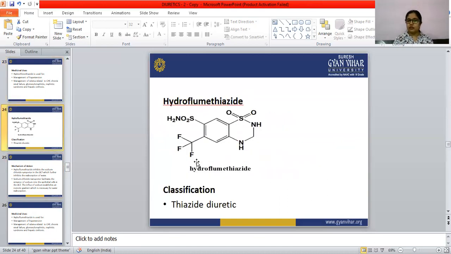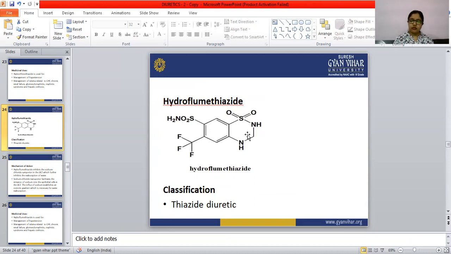Next drug is hydroflumethiazide. This is again the same structure, but at the 6th position there is a fluoride group. The 6th position we have to number from the S: 1, 2, 3, 4, 5, 6, 7.